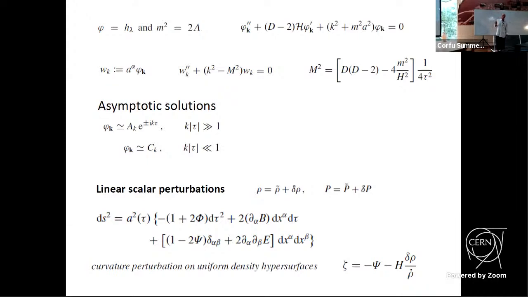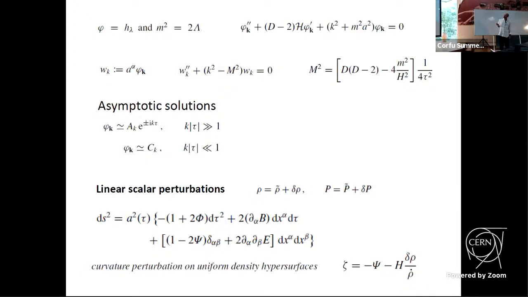Let me just show you the asymptotic solutions, which are easier to understand. So when the momentum part is much bigger than the mass part, this equation reduces to a standard harmonic oscillator, whose solutions are plane waves. So the perturbation is a superposition of plane waves with a given amplitude.